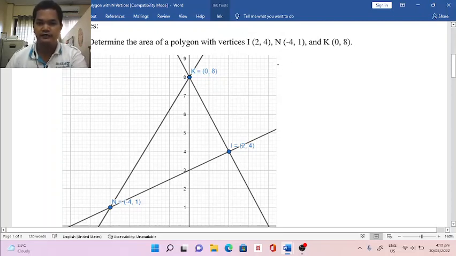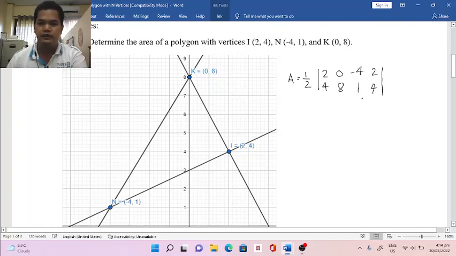So let us have the formula and apply it to determine the area of a polygon with vertices I, K, and N. So A is equal to 1 half. Let us take this one, 2 and 4. This is 0 and 8. This is negative 4 and 1. And we'll go back to 2 and 4.